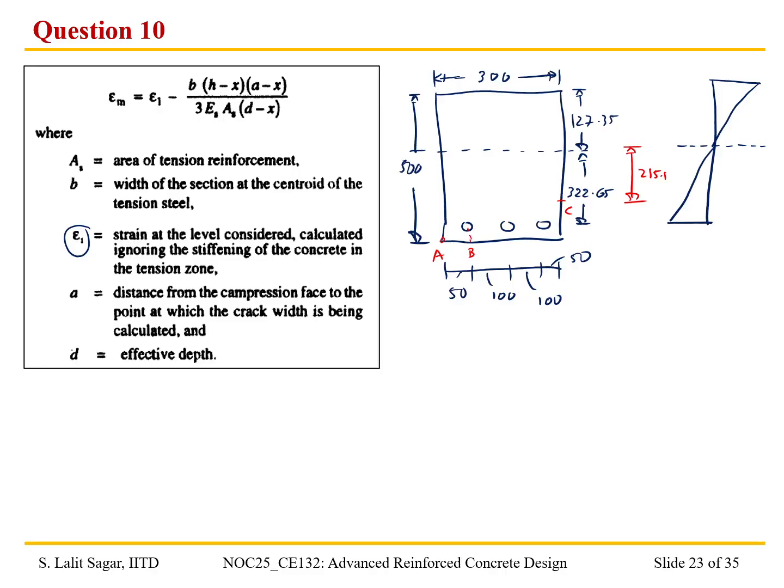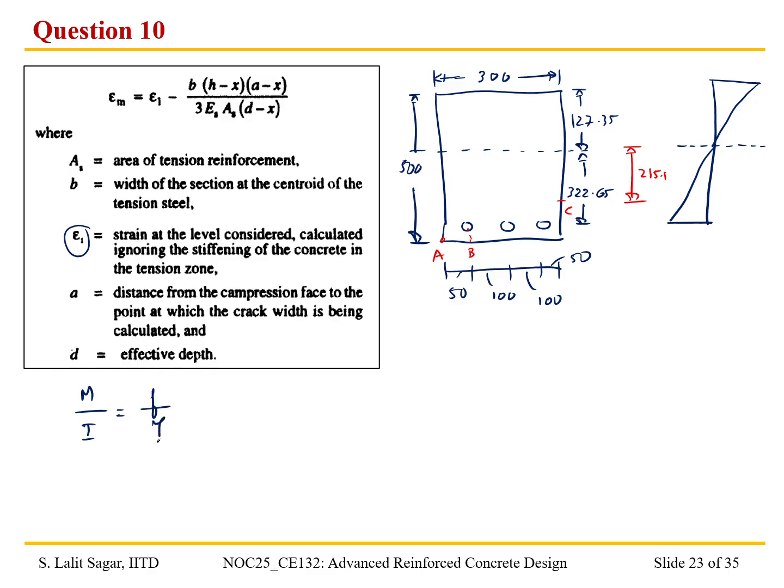So from the value of M, how do we determine the stress at a particular point? That is stress at the level of steel, that is given by M by I is equal to F by Y, right?